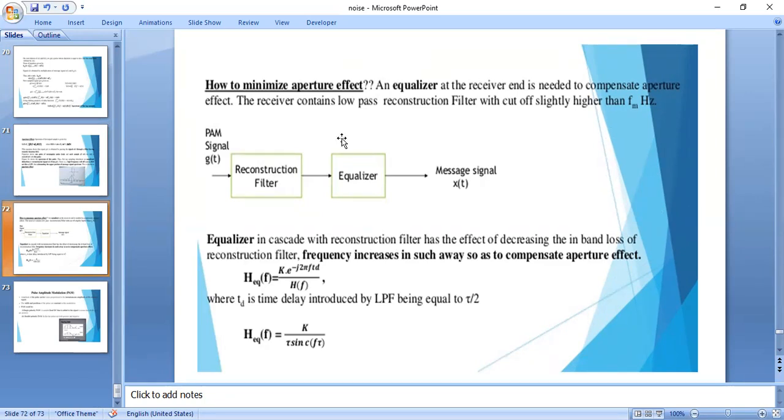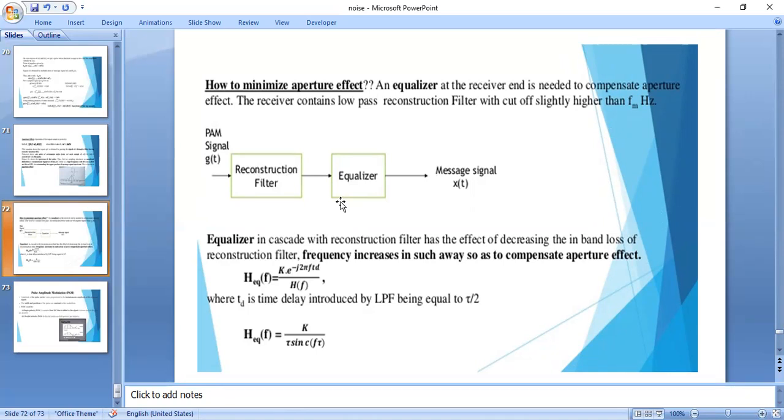So the receiver contains a reconstruction filter and an equalizer. The equalizer is cascaded with the reconstruction filter. For cascading we have to multiply. You will get the transfer function of the equalizer. Transfer function is nothing but output by input.